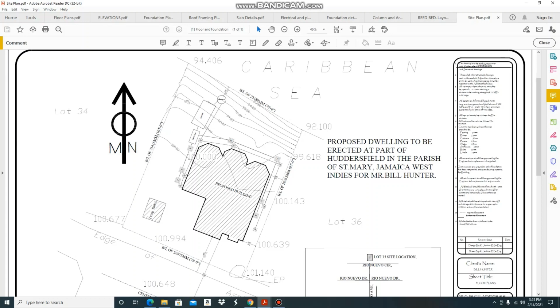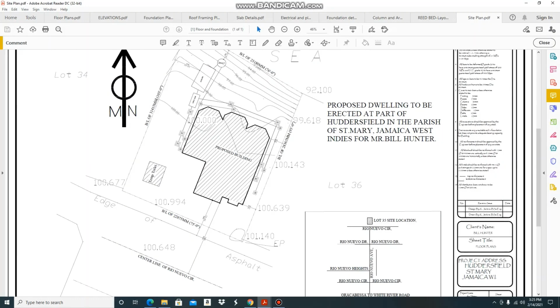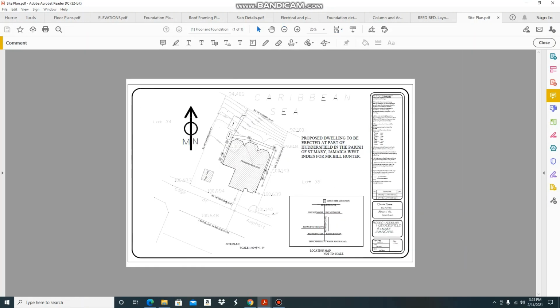Okay, so that pretty much sums up the site plan. So now we can move to the floor plan.